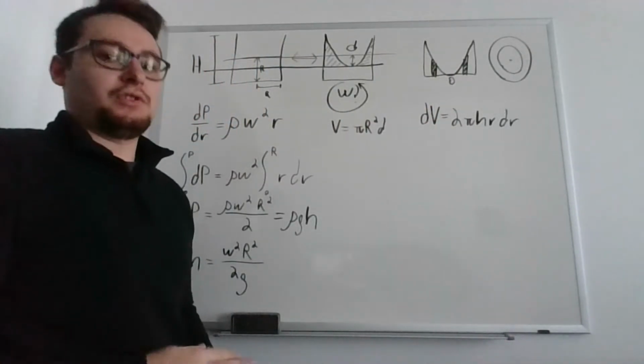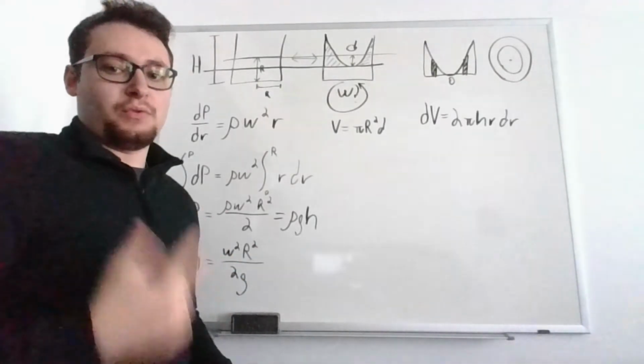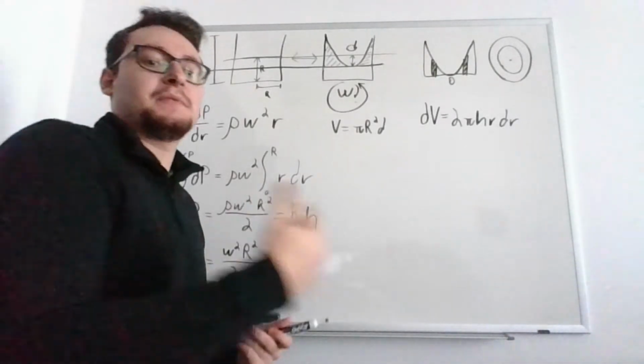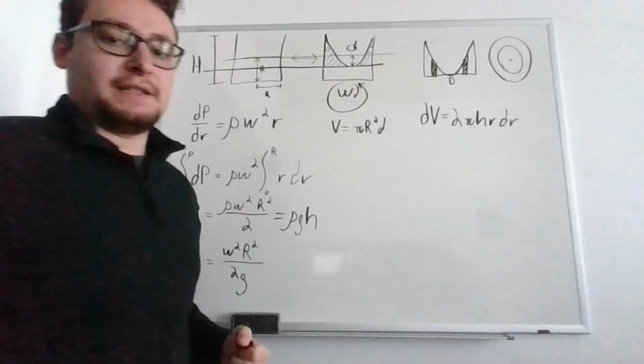Voila. So that means that this volume is equal to 2 pi h times the radius. And now we can integrate this and see what that gets us.